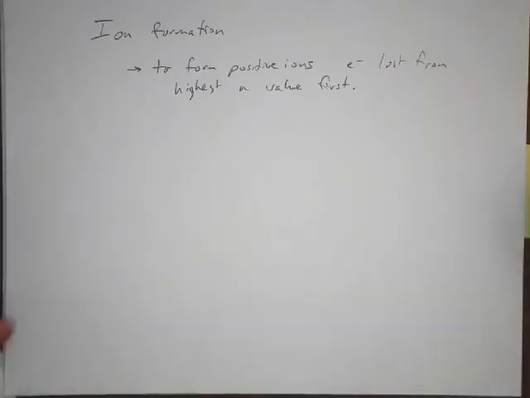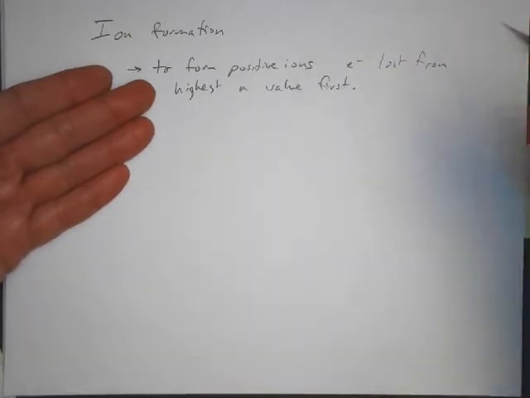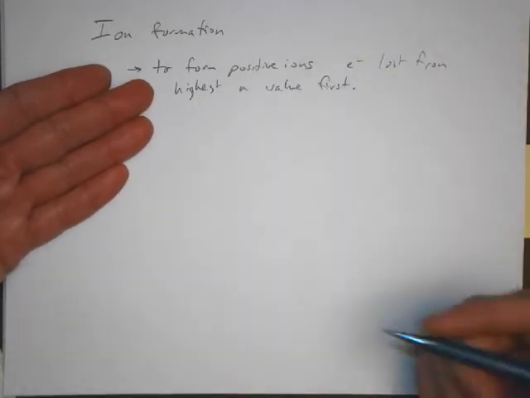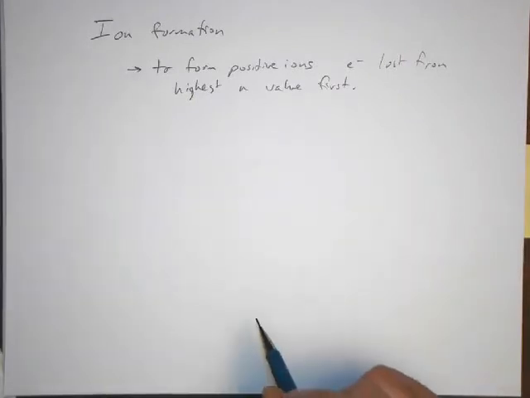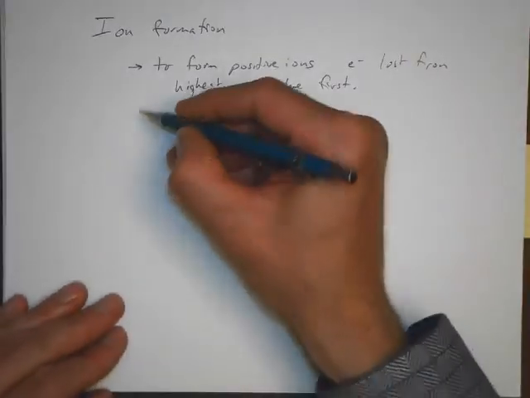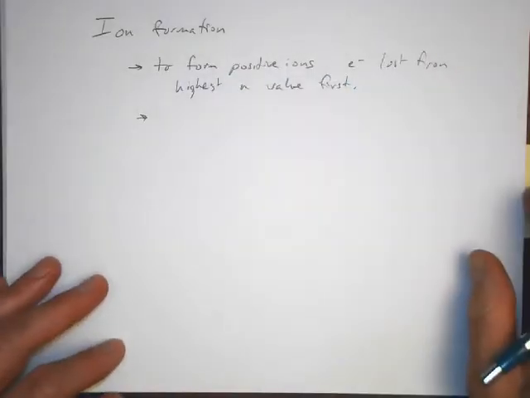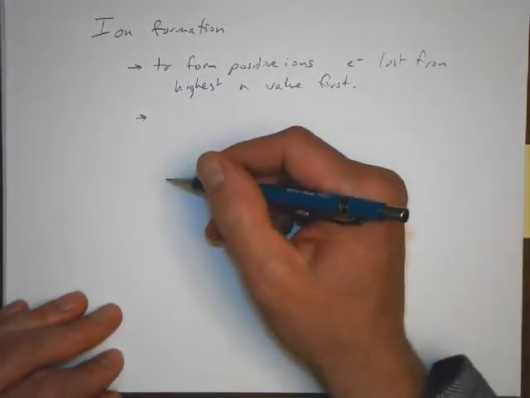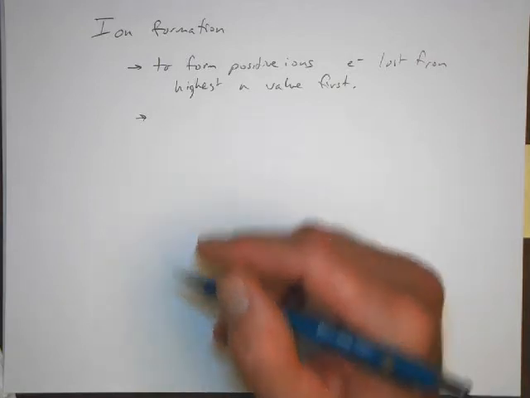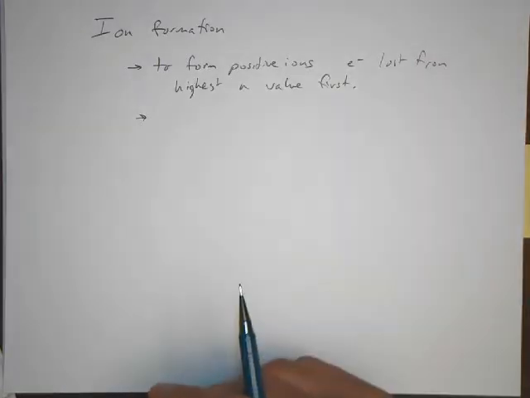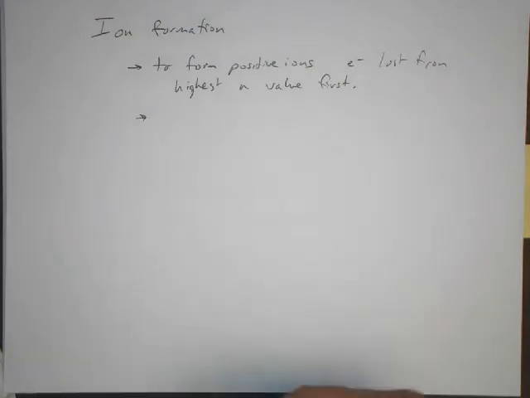When we form a positive ion, we're of course removing electrons from that atom. We're going to remove the electrons from the highest n value first. When we remove electrons, we leave the protons, and the ordering of the energies may be slightly different from that of the building up.